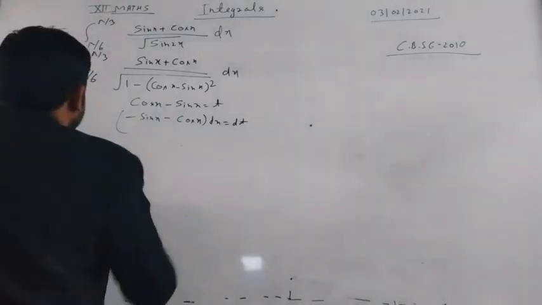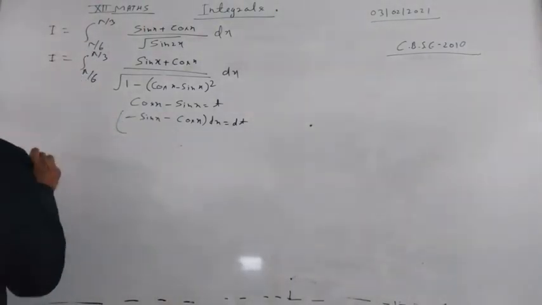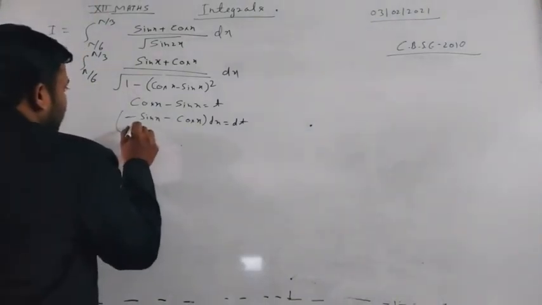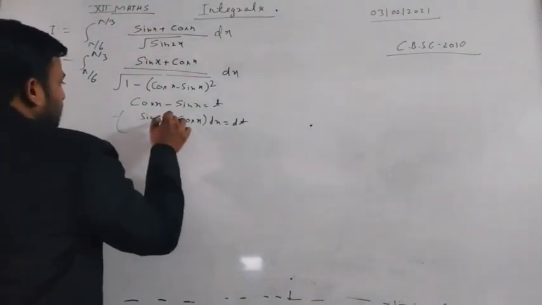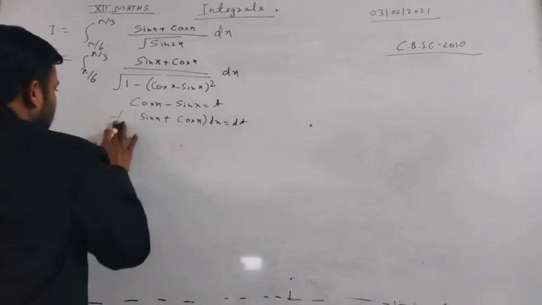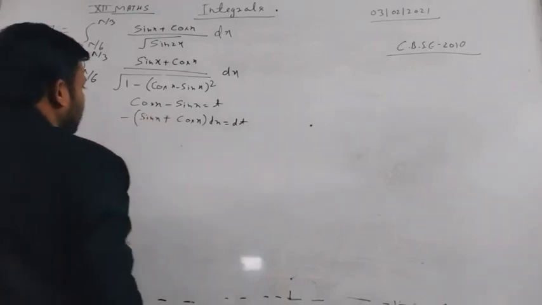Now we change the limit, and we are taking the negative sign from outside. We get this as plus. So we can write sin x plus cos x dx with a negative sign.